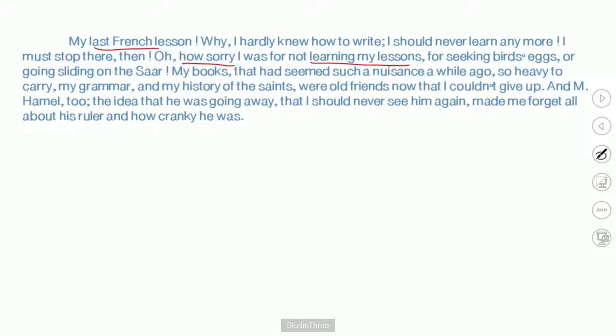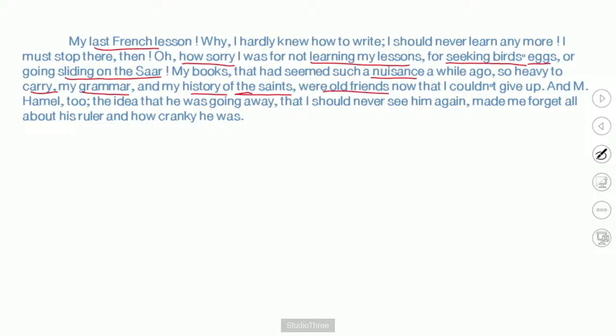But now all these things, like seeking birds' eggs or going sliding on the Saar, my books that had seemed such a nuisance, so heavy to carry, my grammar, my history of the saints, were now old friends I couldn't give up.